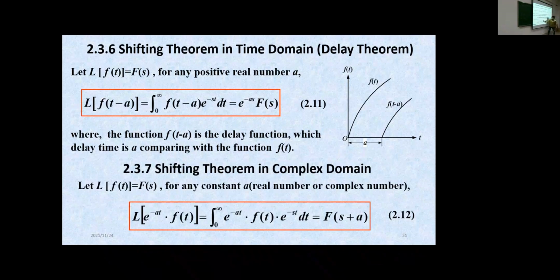Then still you write f(t) here according to the definition, and e to the power of minus at here, right? These two together are this, right? And still times e to the power of negative st, f(t) to do the integration in the time domain from 0 to infinity. And these two can be what?